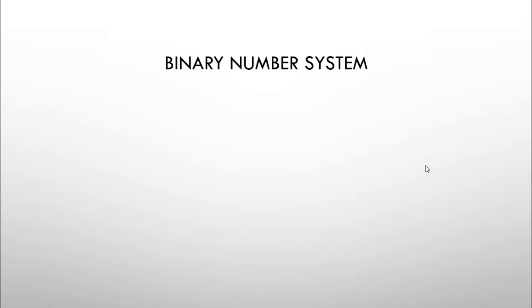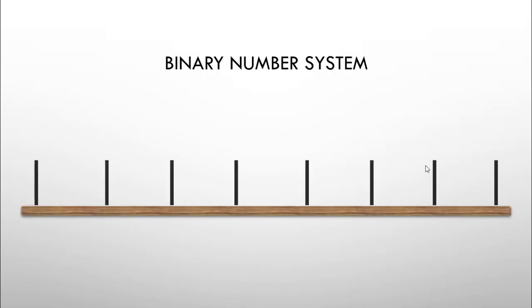Let's look at the binary number system. The counting frame I'm using for the binary number system is rather long because I am going to represent 8 bits, or a byte, in the counting frame here. As we know, the power of 2 values are given because the base value for binary is 2.